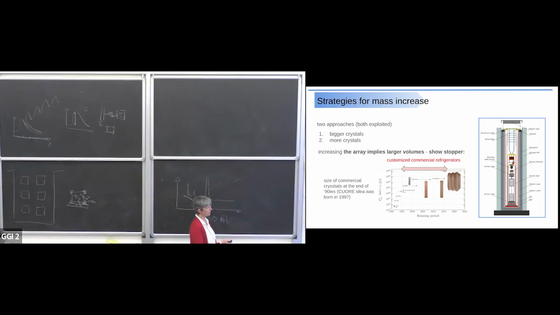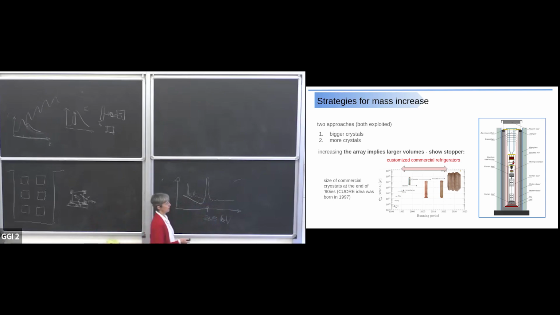But when we decided to jump to a much bigger detector, we had to face the problem that no big cryostat existed at that time. The size of the commercial cryostat at the end of the 90s, CUORE idea was born in 1997, was this one.